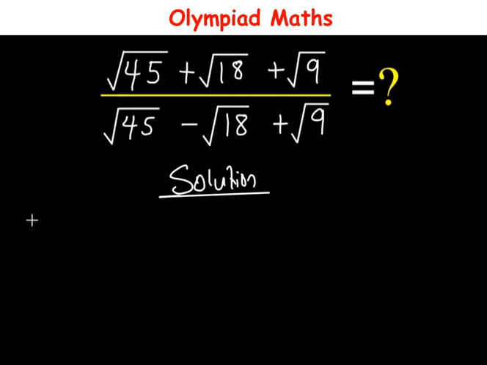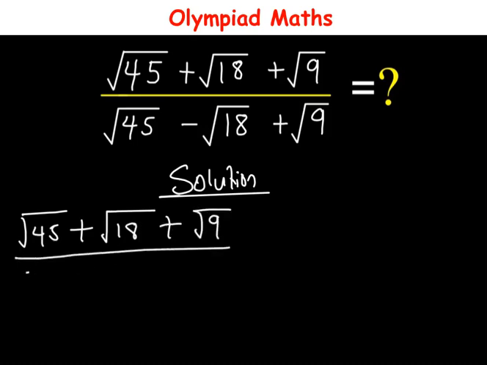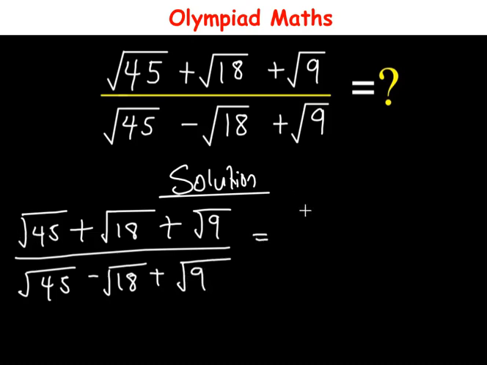solution. So we have root 45 plus root 18 plus root 9 all over root 45 minus root 18 plus root 9. Now simplifying this, root 45 can be written as root 9 times root 5, since 9 times 5 is 45.